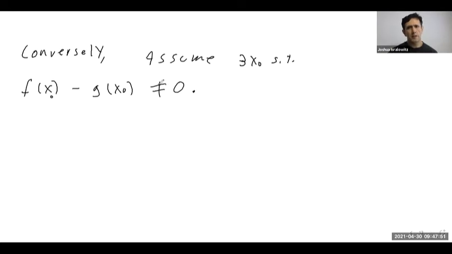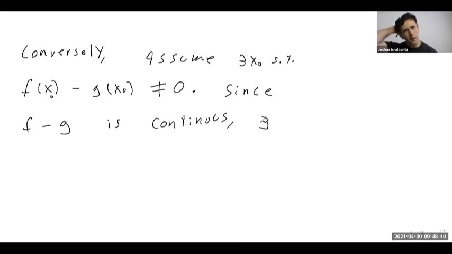So it's either positive or negative. So this is a continuous function. By continuity, if f minus g at x0 is not equal to 0, you can find a little neighborhood where it's not 0 on the neighborhood. Right, just basic analysis.